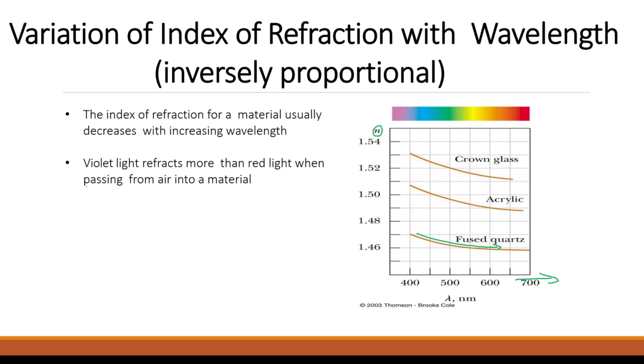In practice, this means that violet light refracts more than red light when passing from air into a material, because violet light has a higher index of refraction because it has a shorter wavelength, versus that of red light, which has a larger wavelength and so a smaller index of refraction.